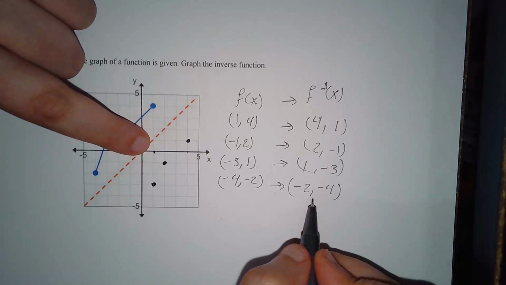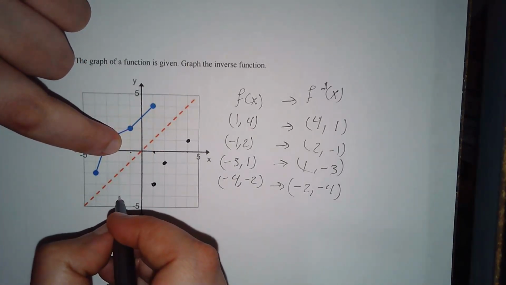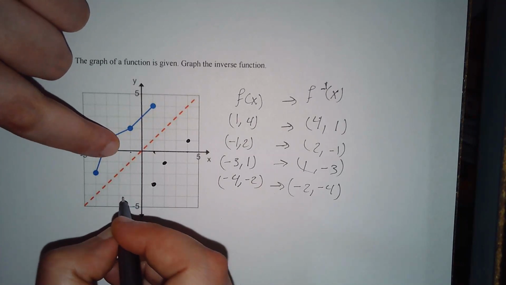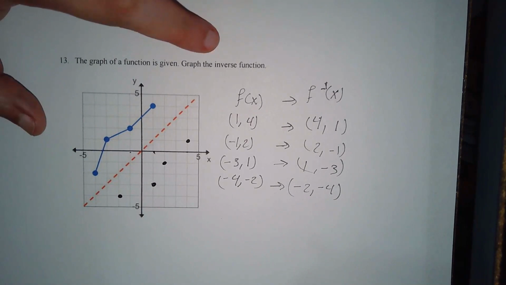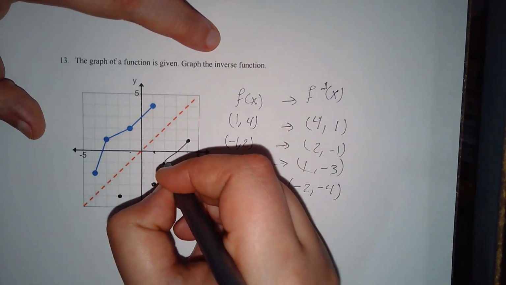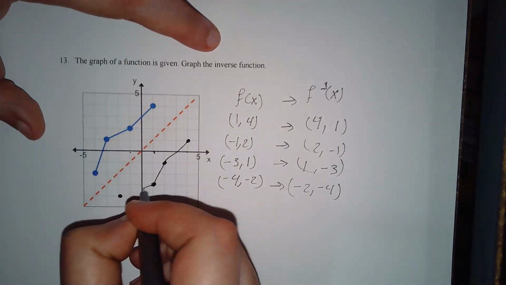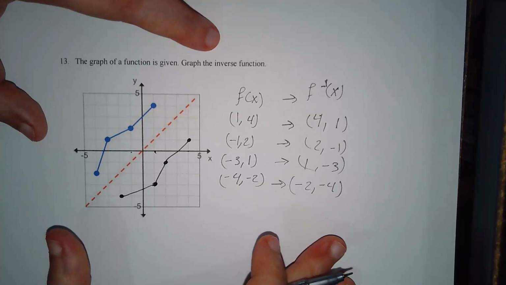And negative 2 for x, negative 4 for y. That point goes here. Yeah? So the line goes like that, and like that. That's your f inverse.